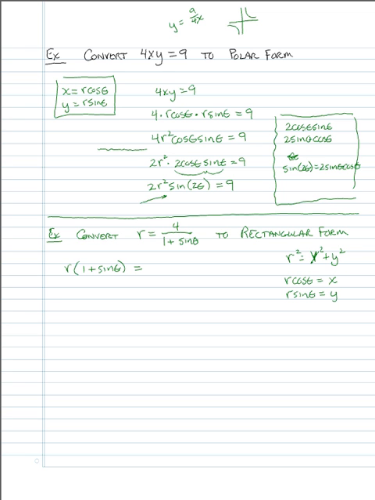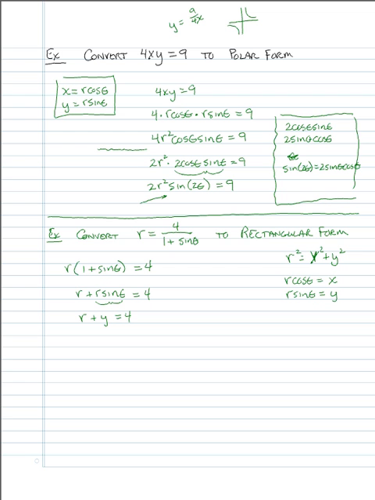And on the right side, I'd just have a 4. Now, the significance there is that if I multiplied that r out, I would have r plus r times the sine of theta is equal to 4. And the r times the sine of theta can be replaced with a y. So now I have r plus y is equal to 4.